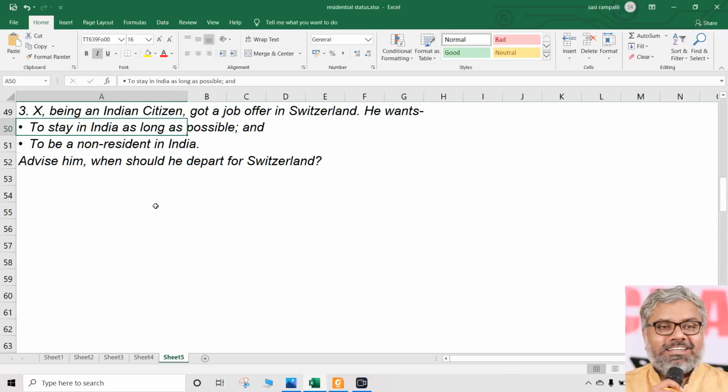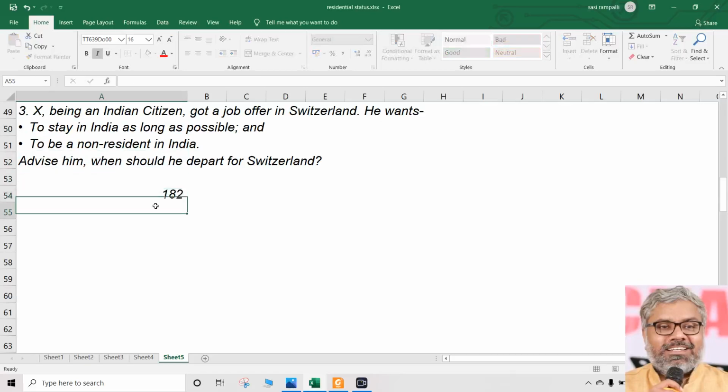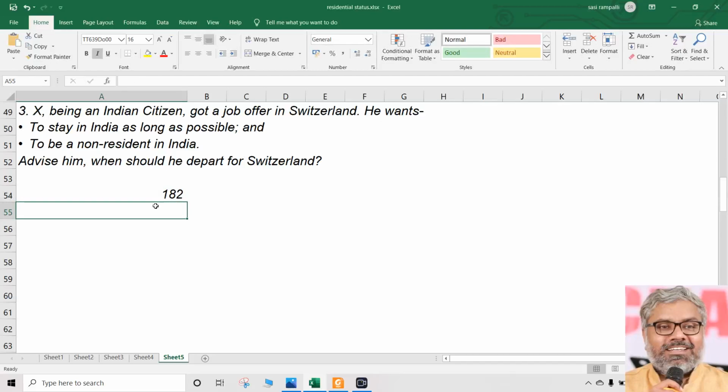Hence, there is no applicability of basic condition number 2. Only basic condition number 1 will apply. Means what? He will be called as a resident only if he stays for 182 days or more. Then such person will be called as resident in India.